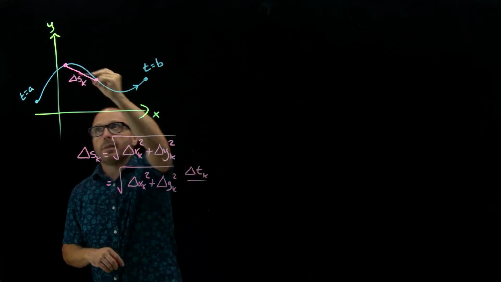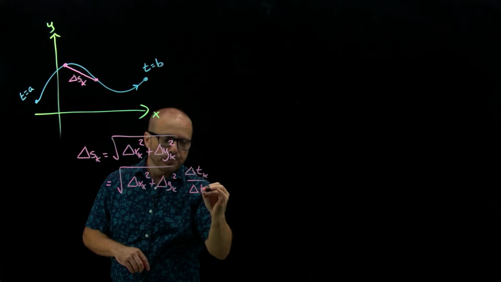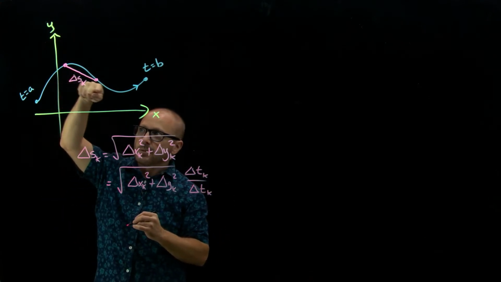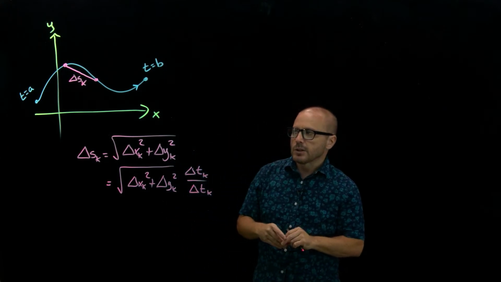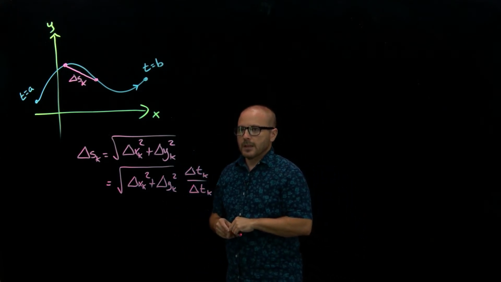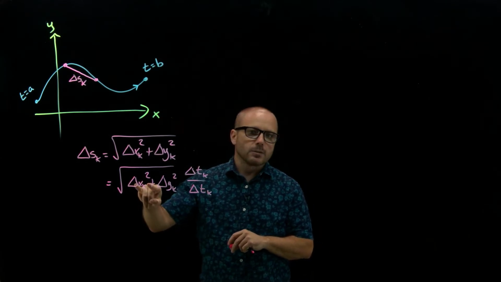As we move from that point to that point, there is some change in t, right? There's a change in x and y that has to do with that, but we can say that there was some change in t from there to there as well.